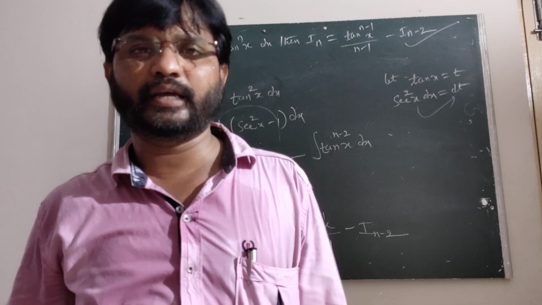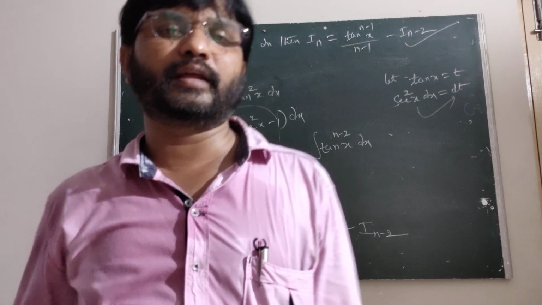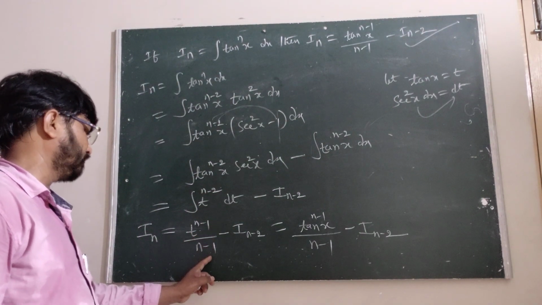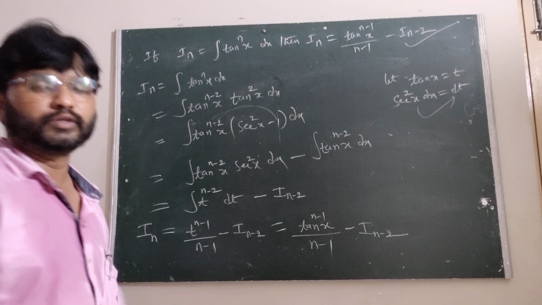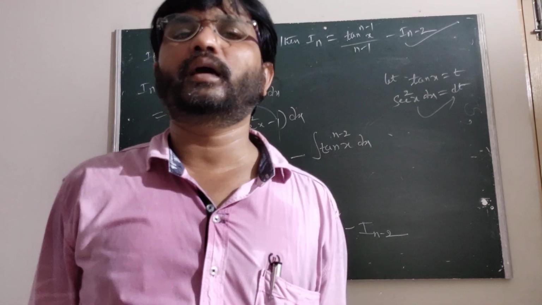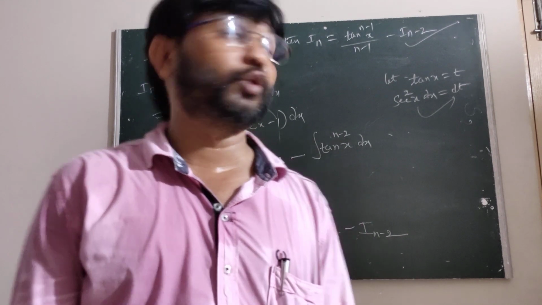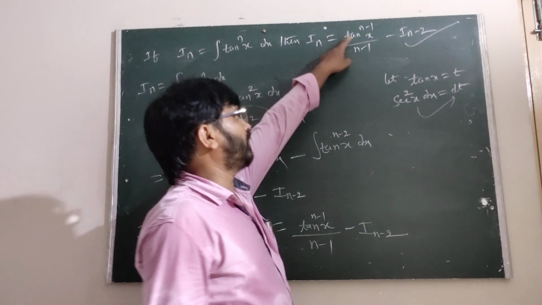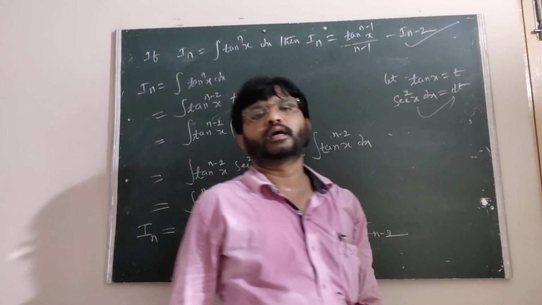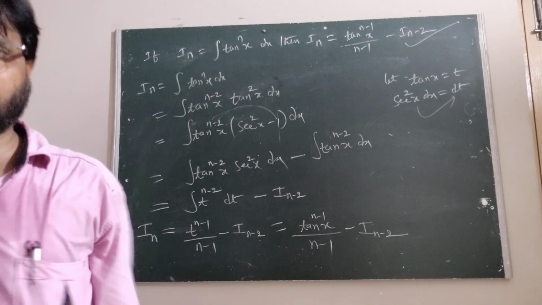Is it okay? This is n minus 2 plus 1 is n minus 1 upon n minus 1, where t is tan x. Is it okay? Similarly, we can prove the integral cot power nx dx equal to minus of cot power n minus 1 x upon n minus 1 minus I n minus 2. Is it okay? This is the answer.